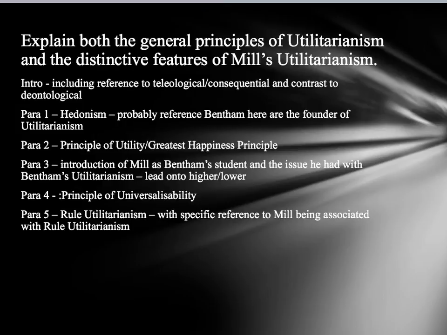Talk about higher and lower then. Paragraph 4, talk about the principle of universalizability, and paragraph 5, rule utilitarianism with specific reference to Mill. So you can see I've got the general principles of utilitarianism, those first four things, and then I've got the distinctive features of Mill's utilitarianism.